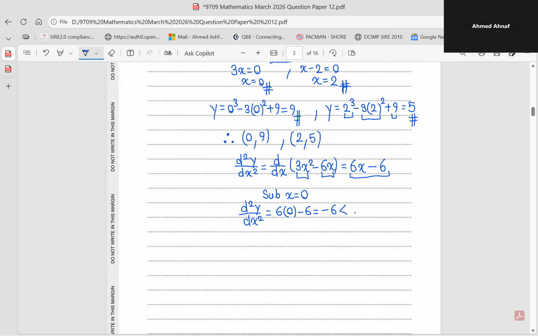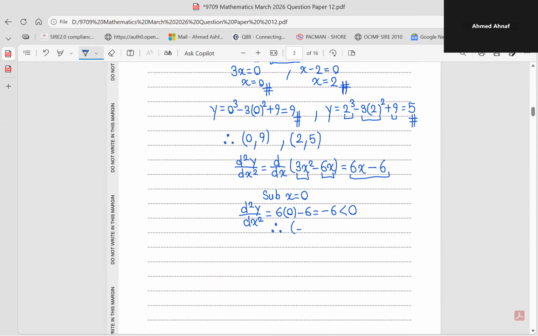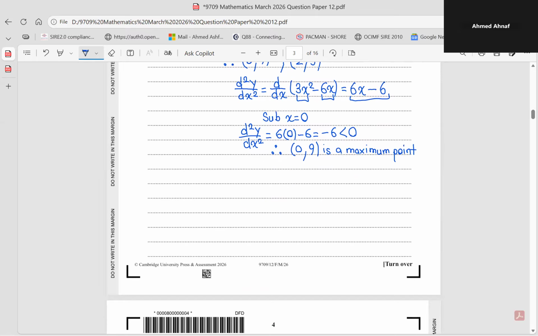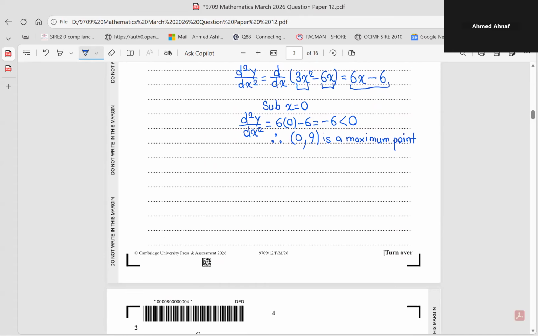And this is obviously less than 0. Therefore, we can say that the point (0, 9) is a maximum point. Now let's do the same for x equals 2.